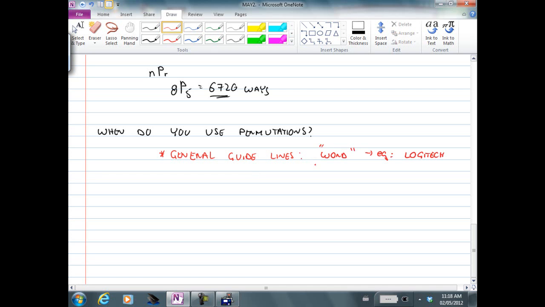Two, bookshelf questions. If I ask you to rearrange the books on a bookshelf, it matters which way the books go. Three, job questions. These are the 3 most important types there is.